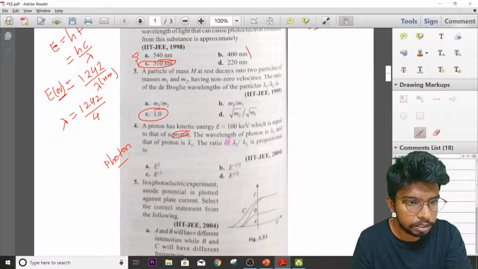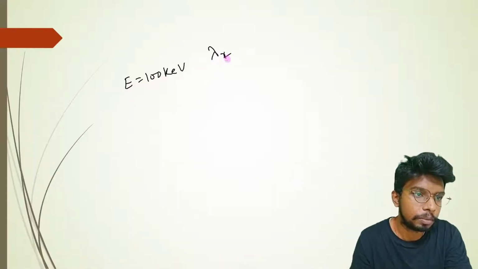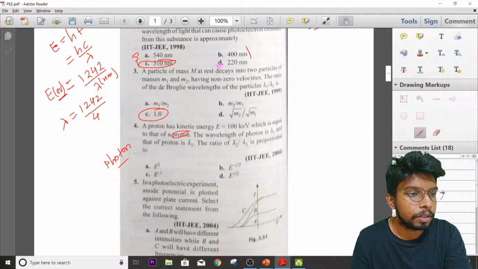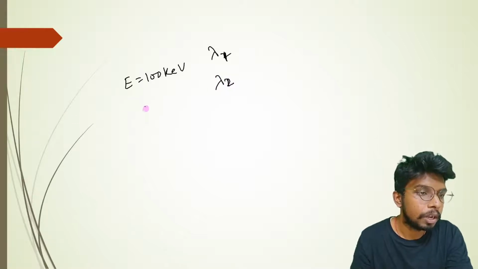The wavelength of the photon is lambda 2 and that of the proton is lambda 1. Both have the same energy. This is about the proton and this is about the photon.